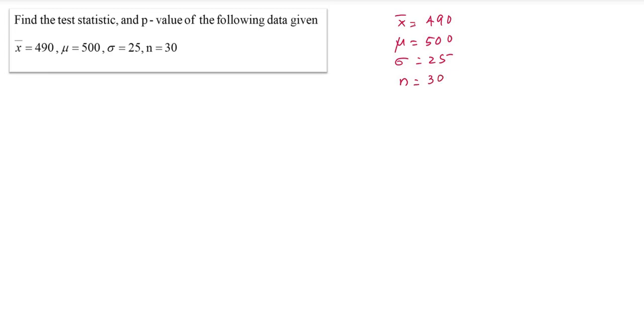So we need to find the z value. Z is equal to x bar minus mu over sigma over root n. We just input the values: 490 minus 500 divided by 25 over square root of 30. You just need to use the calculator and find the value.